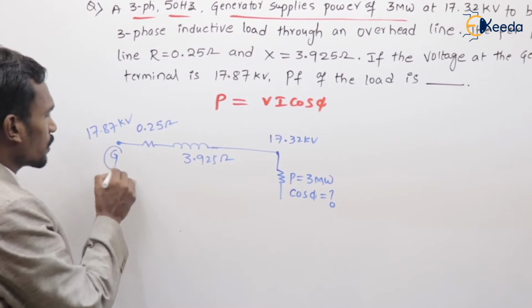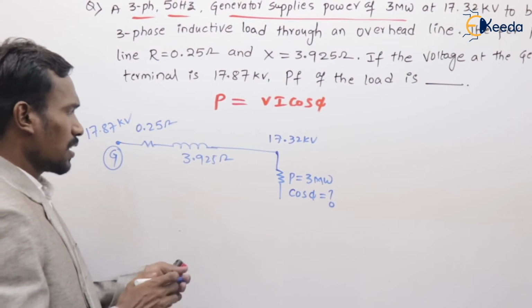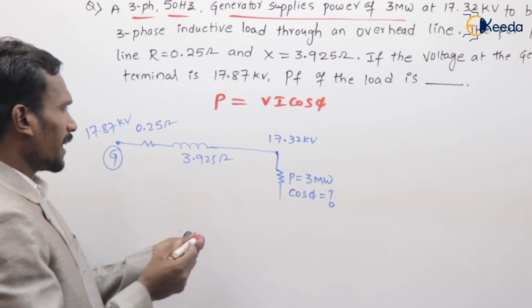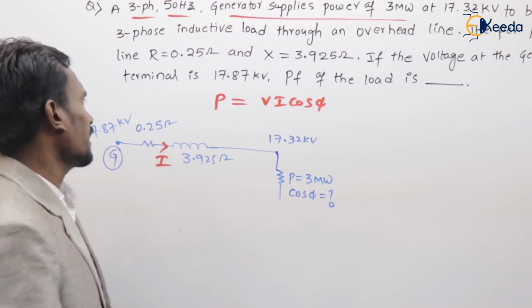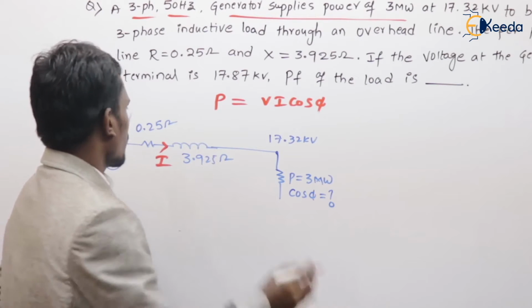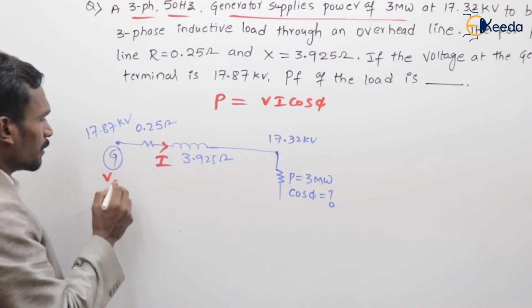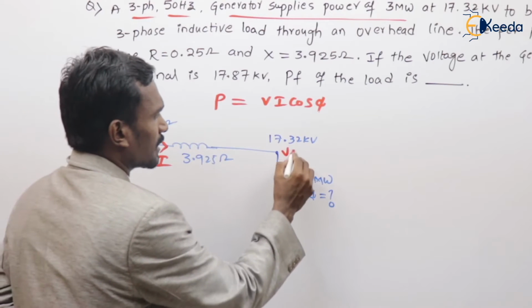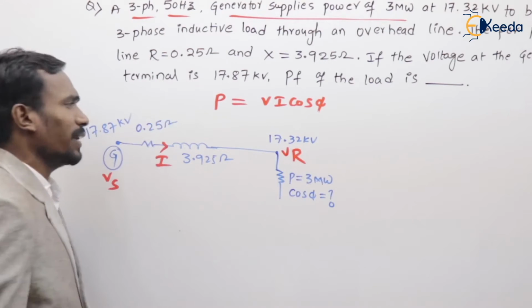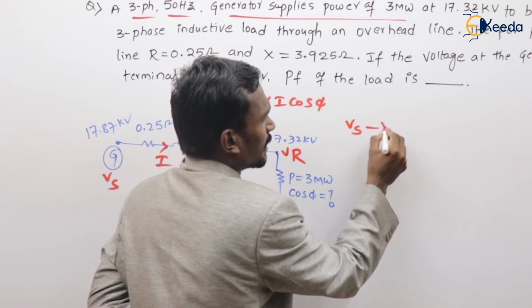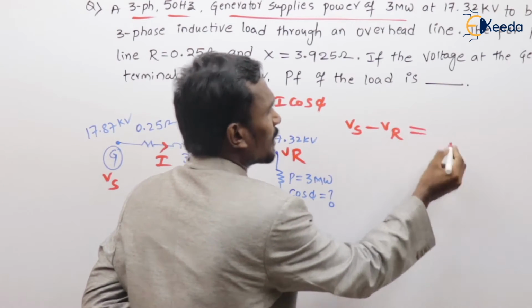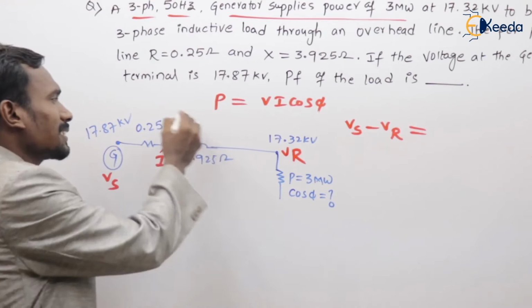This is the source generator, and the current here is I. This is the sending end voltage Vs and this is the receiving end voltage Vr. The difference between sending end and receiving end is the impedance drop.